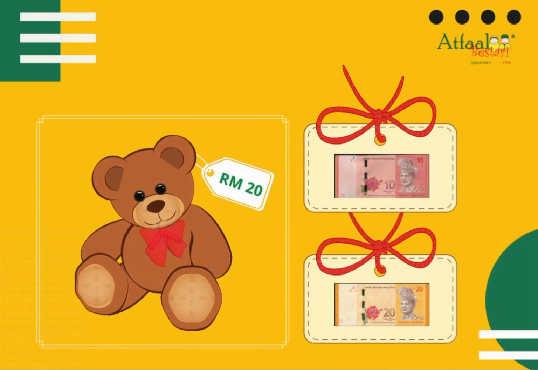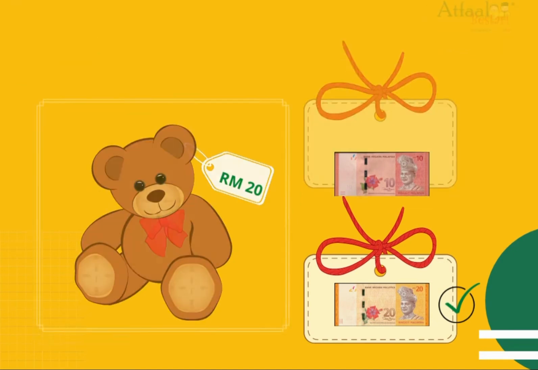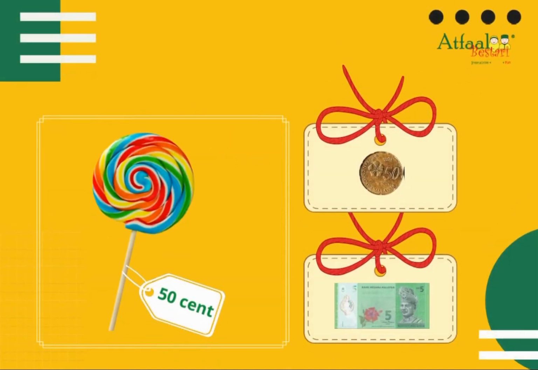Now, can you guess how much is the price of teddy bear? Fantastic! It is 20 ringgit. Then, how much is the price of candy? Great! It is 50 cents.